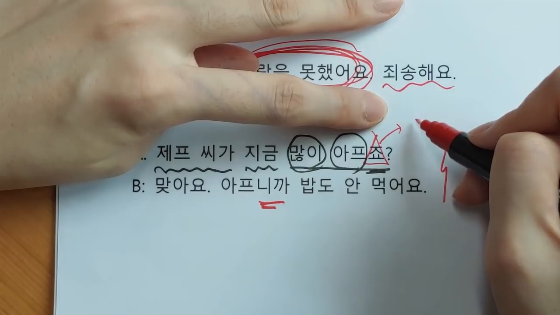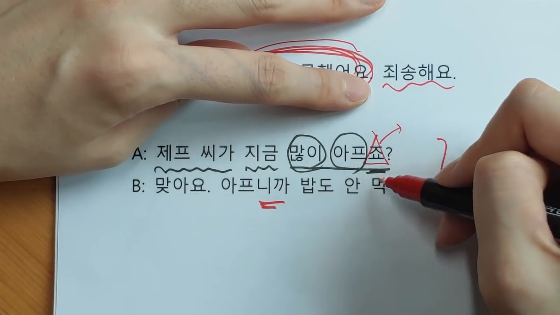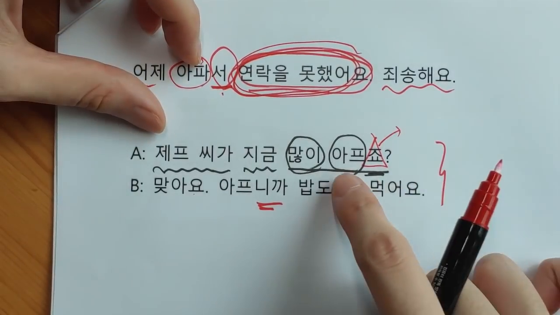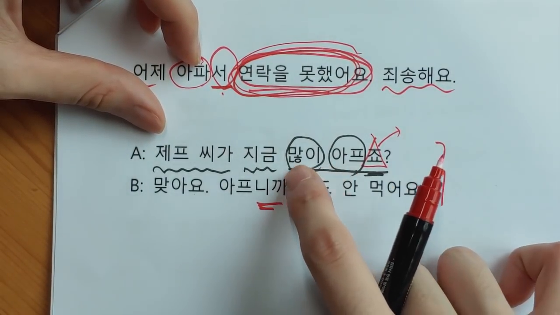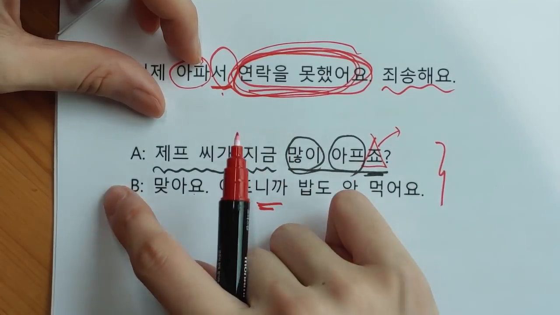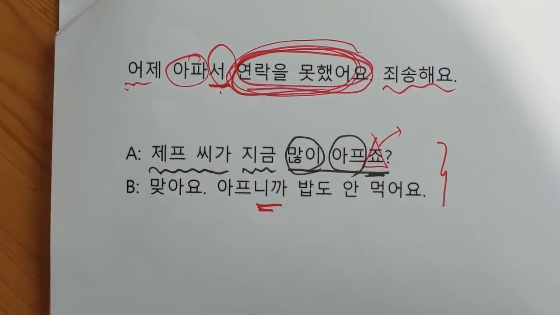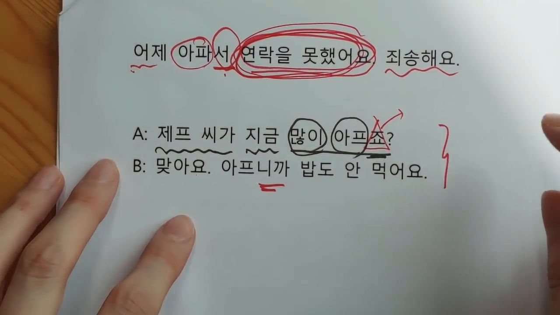It's a question of affirmation and confirmation, right? So 아프죠 means he is sick, right? So 제프 씨가 지금 많이 아프죠? Jeff is very sick right now, right? Is the meaning of the sentence.